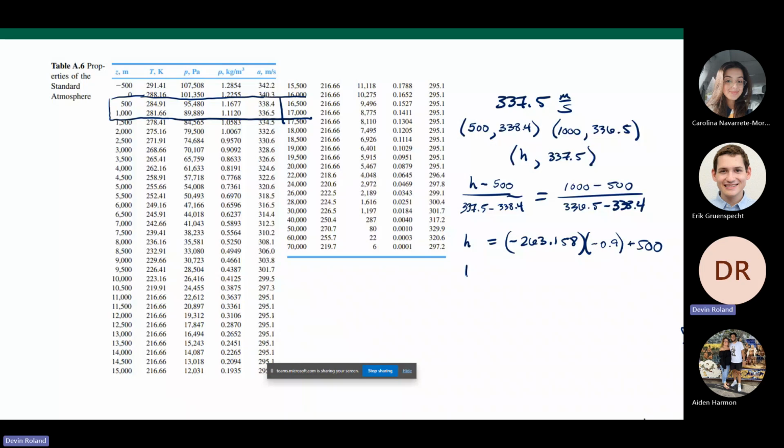And we get the altitude is 736.842 meters.